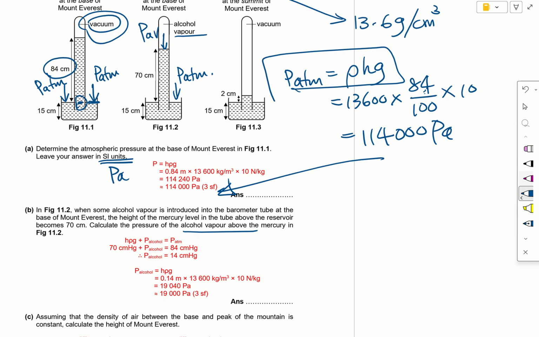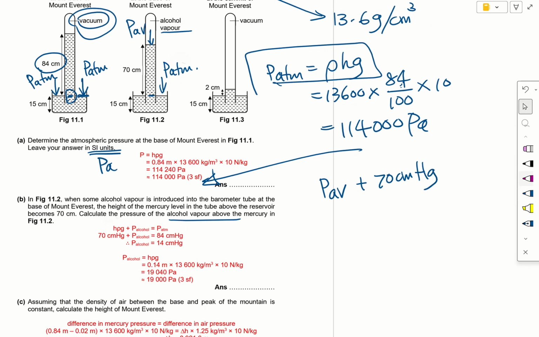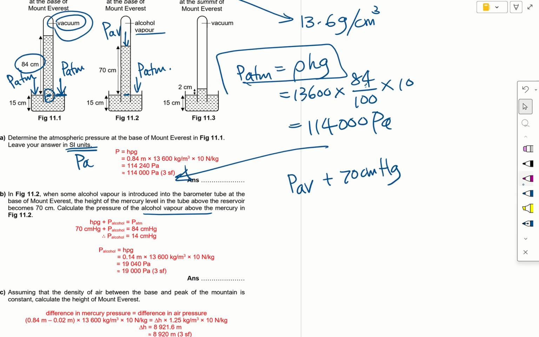So that's the first thing. Next, we need to determine a suitable level where we have same liquid, same level, same pressure. So let's do the inner tube first. Inner tube is the pressure due to alcohol vapor, plus 70 cm of Hg, and it equals our PATM.